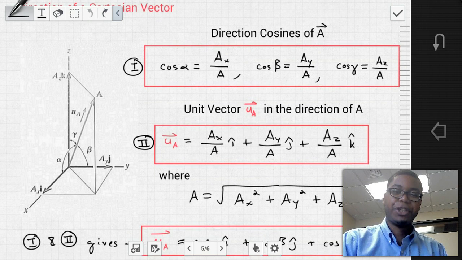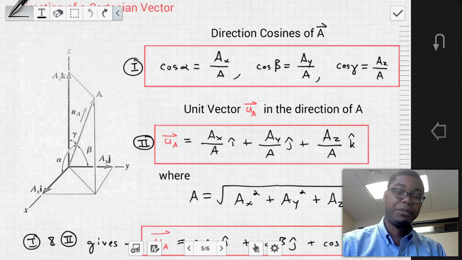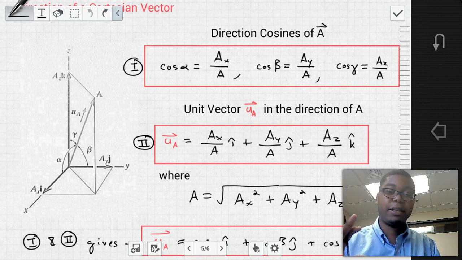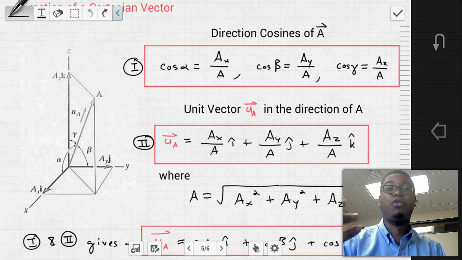Now, what if we wanted to just describe the direction of a Cartesian vector, but not the magnitude? Well, we can do that by using a unit vector. We can describe the direction by itself as a unit vector. That unit vector, in this case, we'll say unit vector uA, which is in the direction of A. So it's the directional information, but not the magnitude.